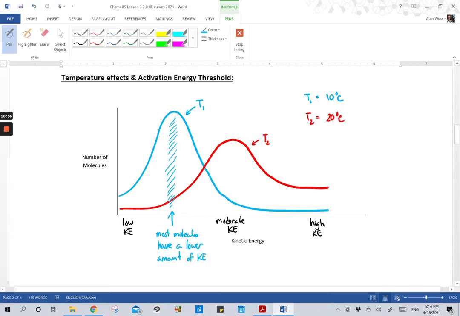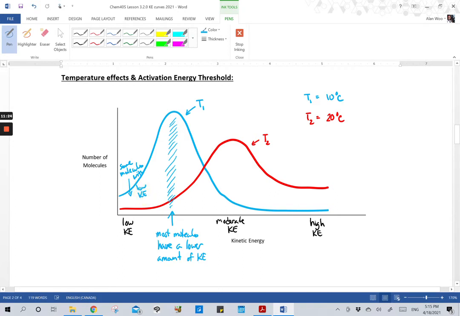Okay, certainly lower than moderate. Over here, compared to the ones at high KE, there are some molecules with low KE.